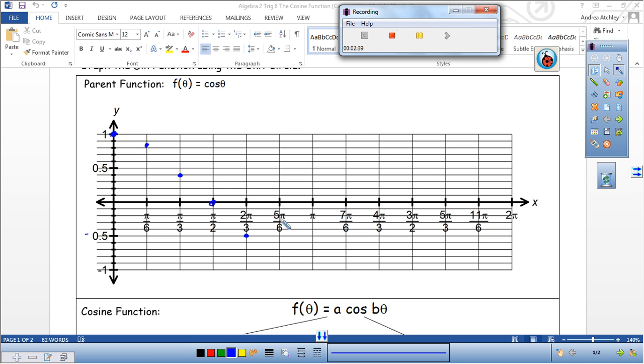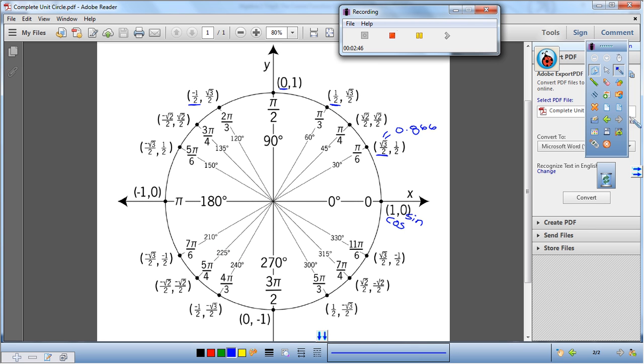Okay. Then we're going to 5 pi over 6. Julie, at 5 pi over 6, what is my cosine? Very good. Negative square root of 3 over 2 is negative 0.866.